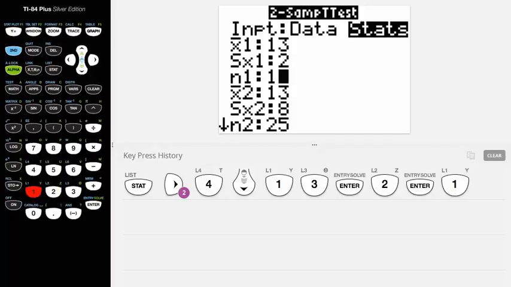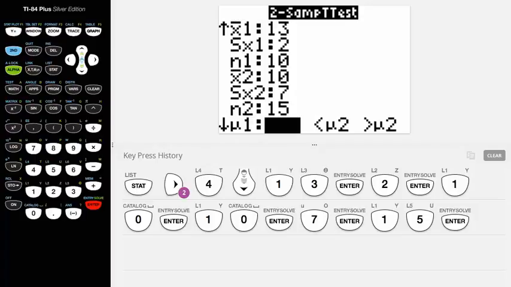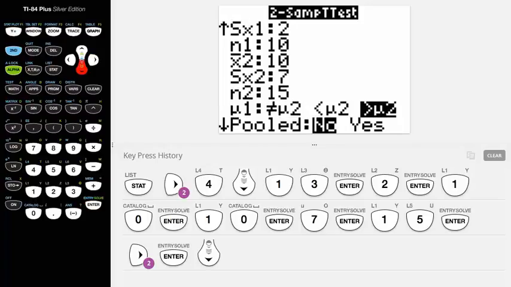N sub 1 is 10. X bar sub 2 is 10. S sub 2 is 7. N sub 2 is 15. We have a right-tailed test, so I want to choose greater than mu sub 2. Enter. It is not pooled, so I want to make sure no is highlighted.